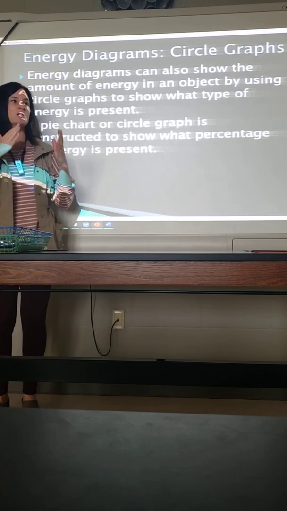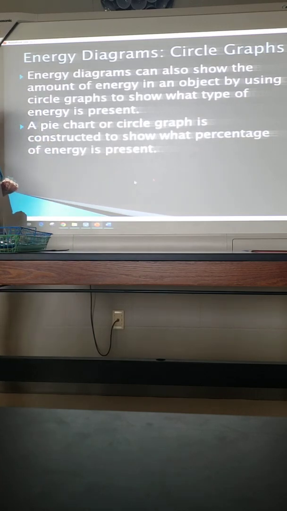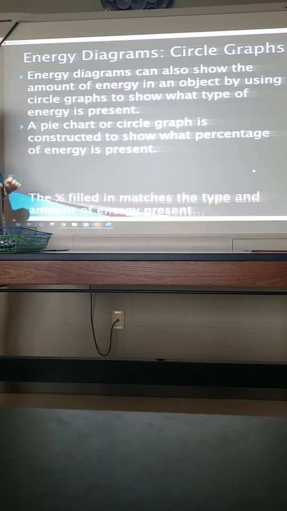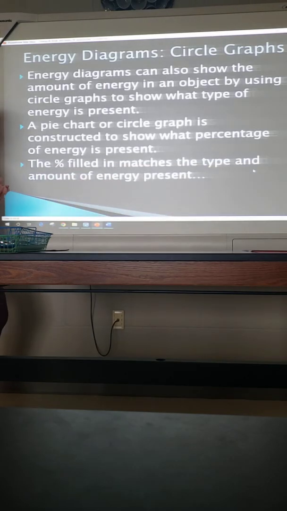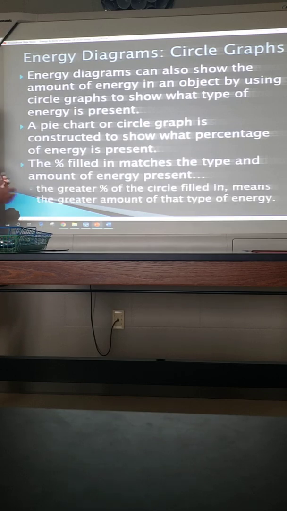And then from there, you kind of divide it in colors to represent the two different types of energy. And so obviously the percent filled in is going to match the type of energy that you're trying to represent. And the greater the percentage of the circle filled in means the greater amount of that particular type of energy that you're trying to represent. Okay? Makes sense?